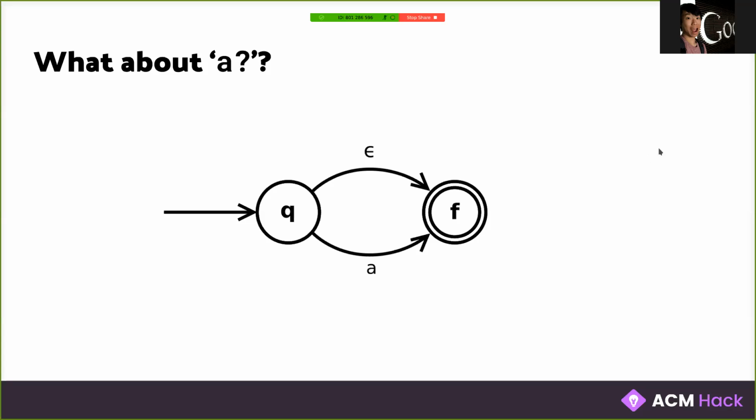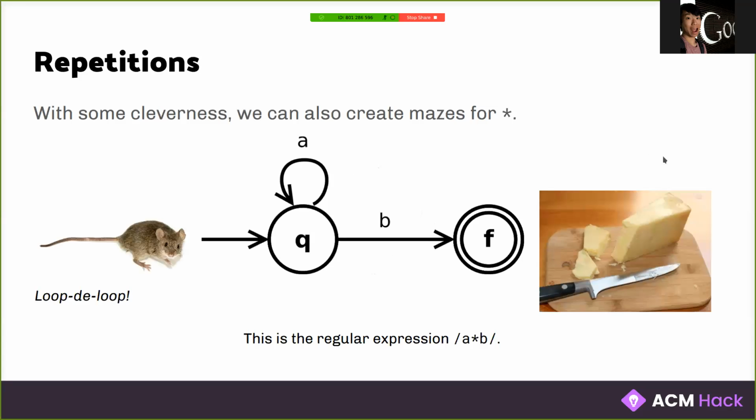But we also saw other things earlier, like the repetition operator, the asterisk. The way we can handle those cases is by adding self loops. For example, if we have the regular expression a asterisk b, then we can start out with a q location, and then we put a self loop through q with an a marked.